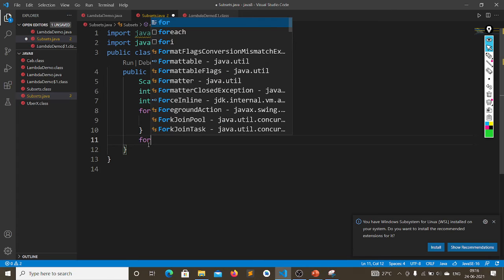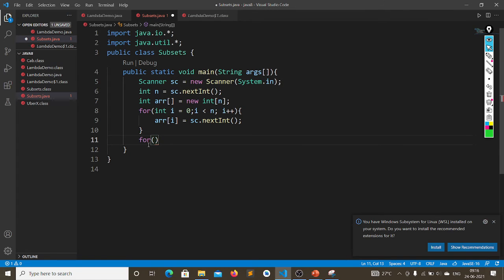The first thing we want to do is for int i = 0; i < 1 left shift n. Is it right? I already explained.